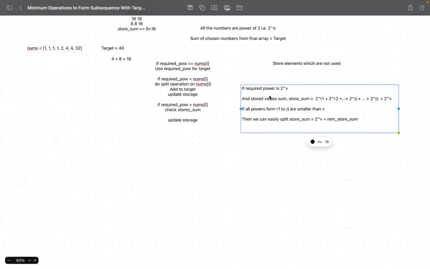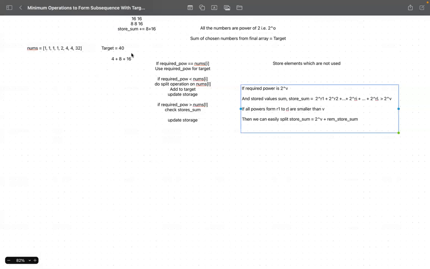So yeah, let's understand this assumption. It says that if required power is 2 to the power v, and your stored values are this many, obviously all the numbers are 2 to the power something. All these are numbers which I have encountered or stored somehow. Even if I have done split operations, there also I have found some 2 to the power value.